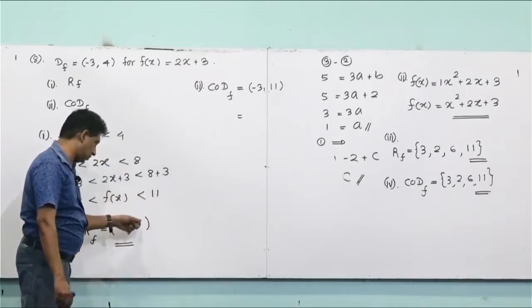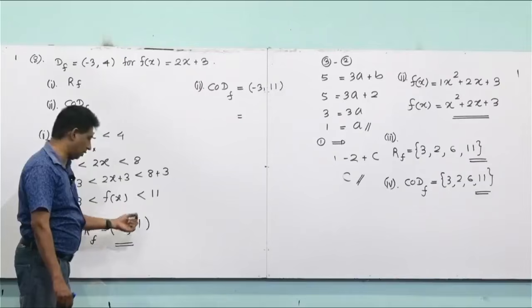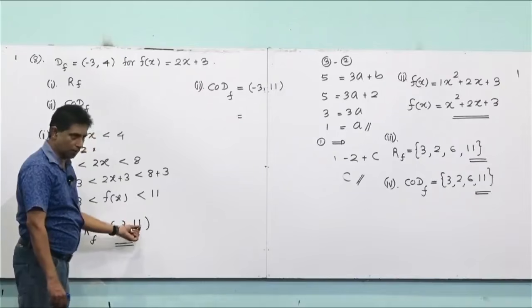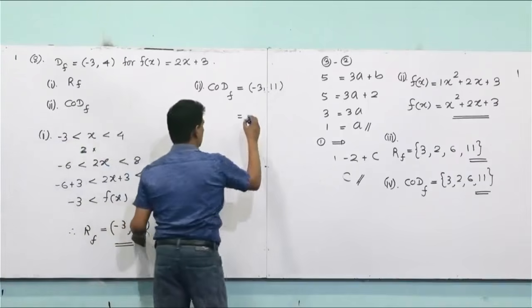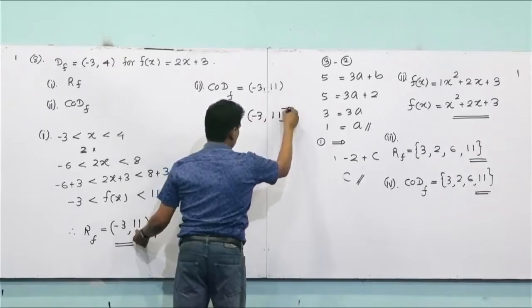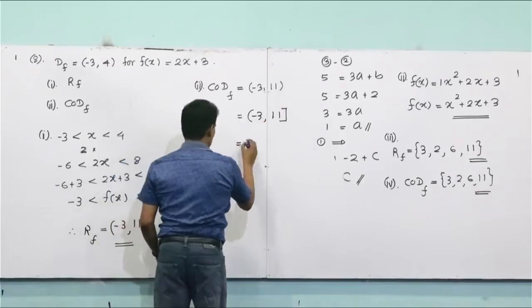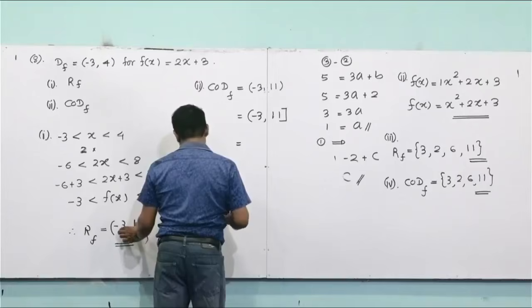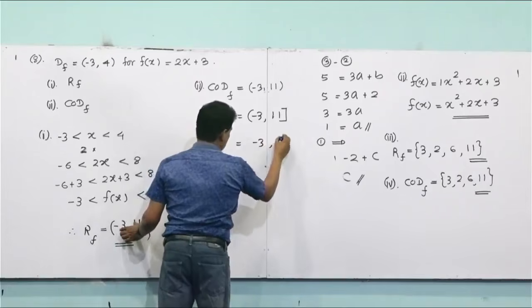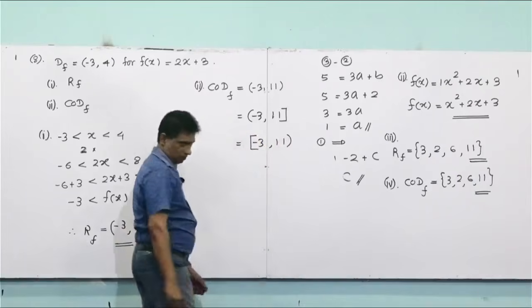If we add 11 to this interval as an additional value, then 11 is there, no? Now we can write this interval, minus 3 comma 11, minus 3 not included but 11 included, so here should be a square bracket. Another way, we can add minus 3, then minus 3 comma 11, minus 3 included and 11 not included.